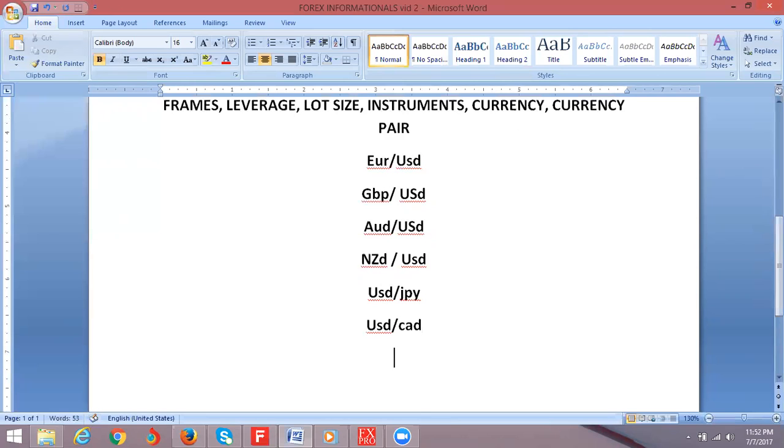Then finally you have USD CHF. So these are the majors. Call them the majors. Take note of how they are written down.